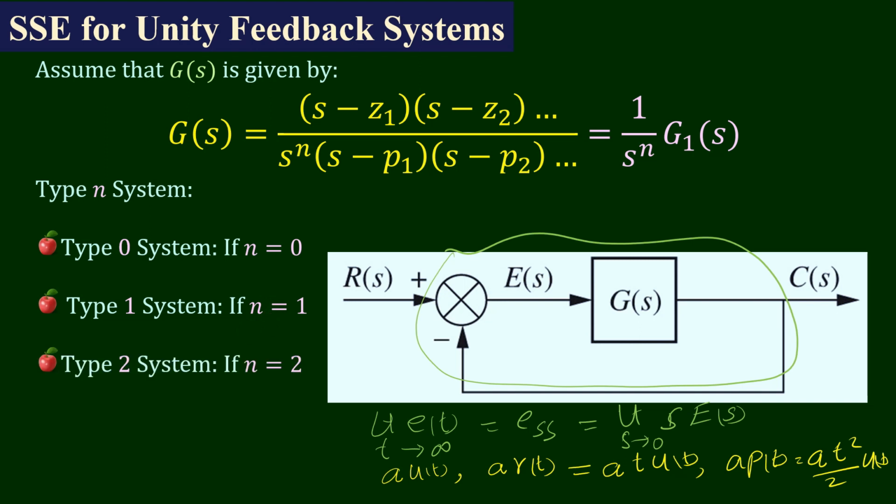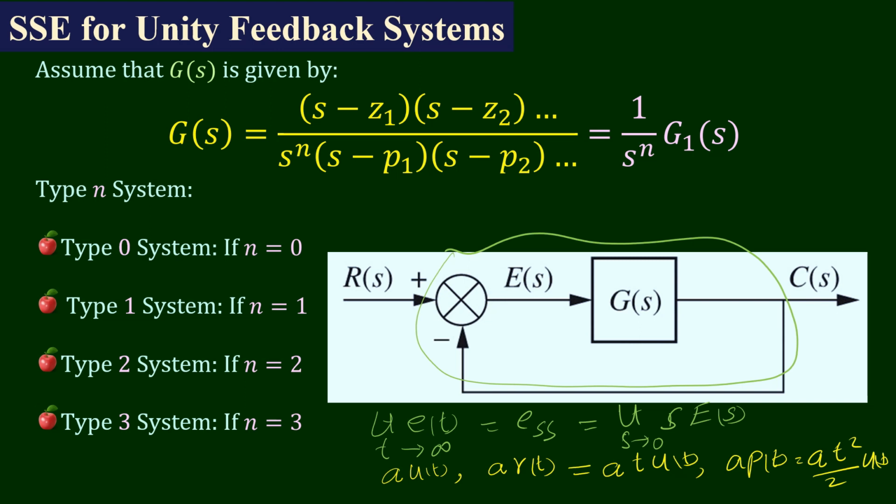Whenever we have two pure integrators in the system, we say that it is a type 2 system, and then type 3 and so on. So if there are n integrators, we say the system type is n. This means if there are 100 pure integrators in the loop, we will say that the type of the system is 100.